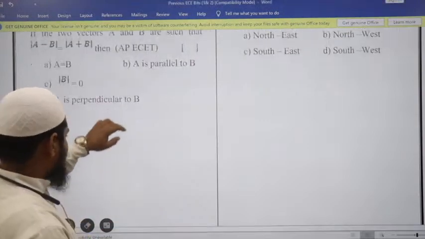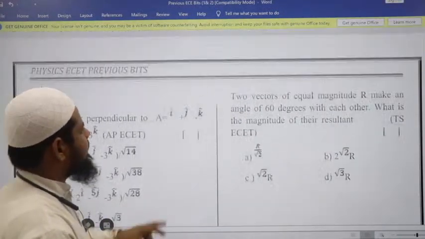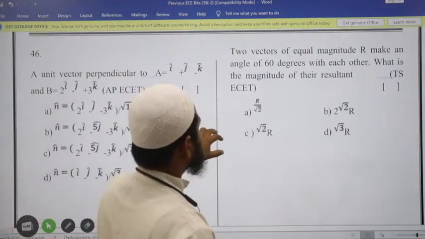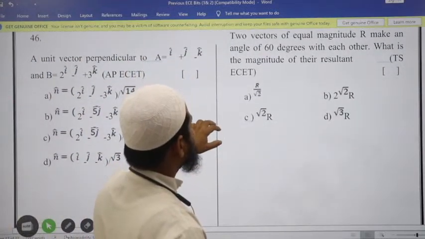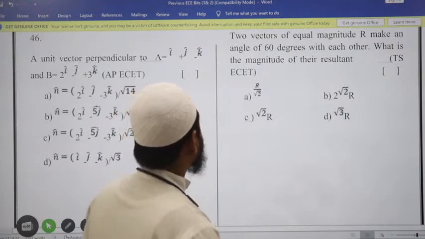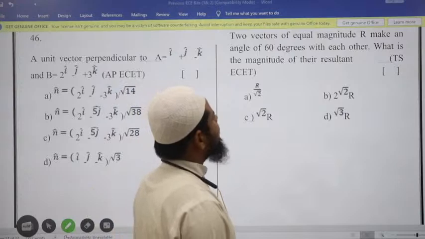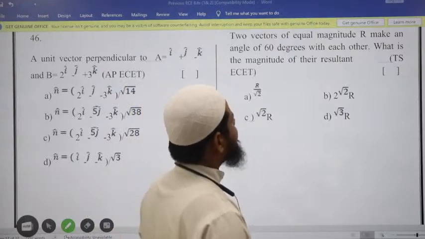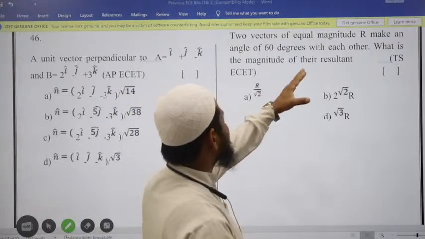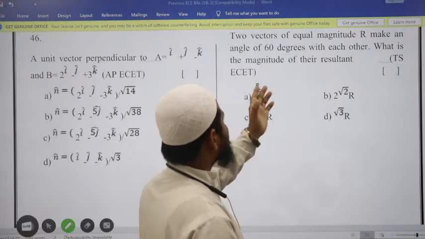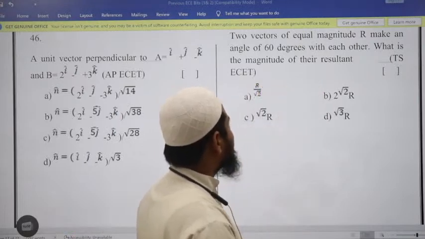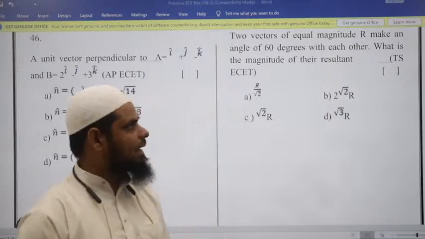After 47, we move on to 48. The vectors of equal magnitudes R make an angle of 60 degrees with each other. What is the magnitude of the resultant?